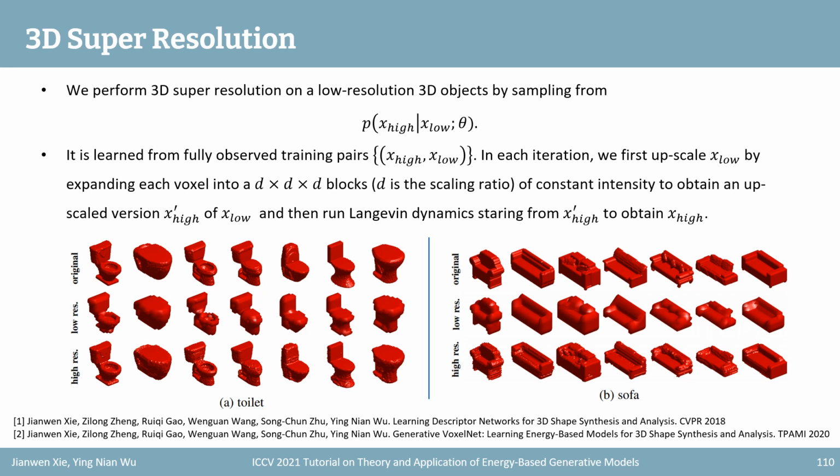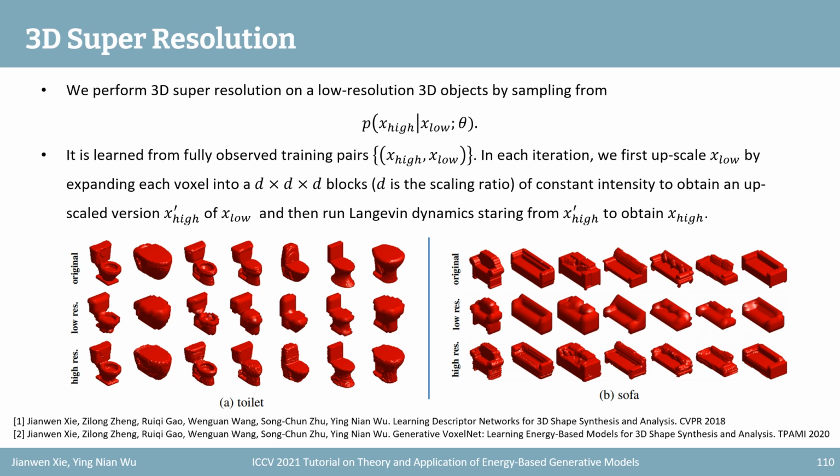The idea is similar to the one in the recovery application, except that the sampling from the conditional distributions is different. For sampling, it first upscales the low-resolution example by expanding each voxel into a d by d by d block of constant intensity, where d is the scaling ratio, to obtain an upscaled version of the low-resolution example.